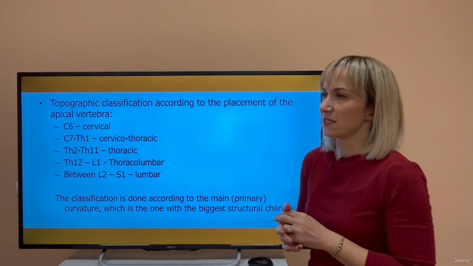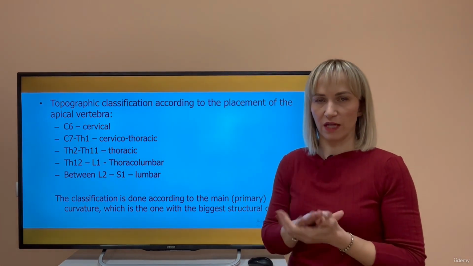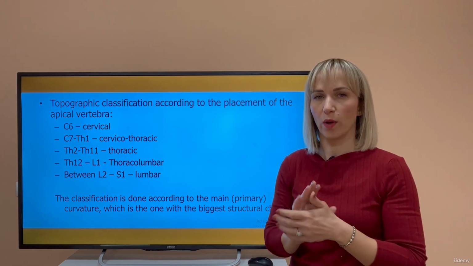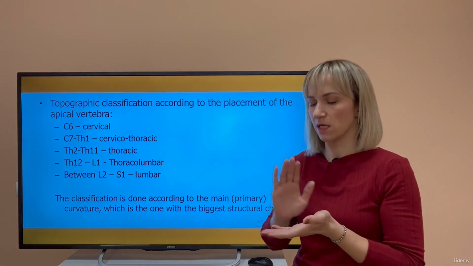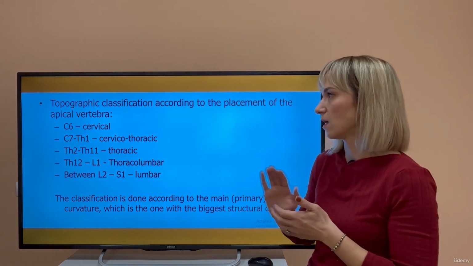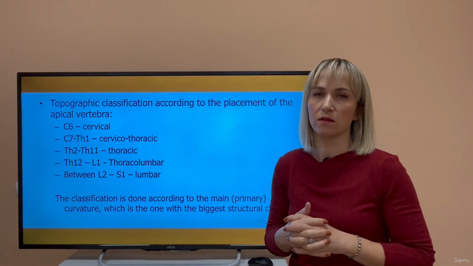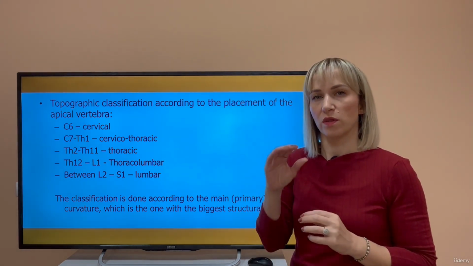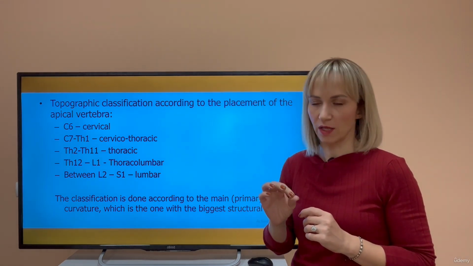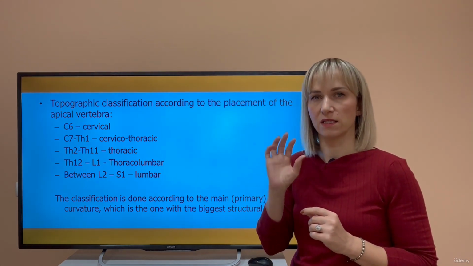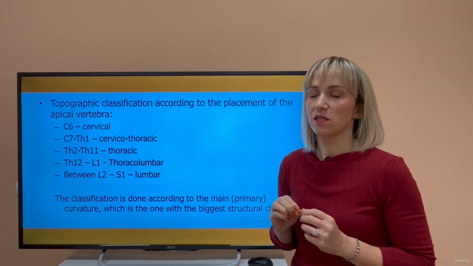Then we have the topographic classification of the scoliosis, depending on where the biggest angle is. If we have a cervical scoliosis, this means that the apical vertebra is in the cervical region, and the biggest Cobb angle is in the cervical region. This is very uncommon.